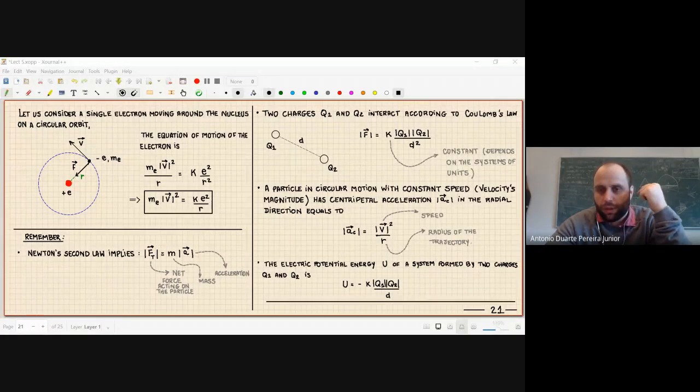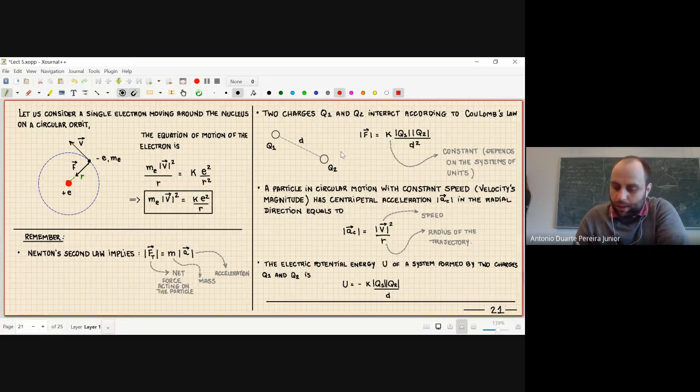And of course, you can rewrite that as it was written in the chat. You can write K as another constant, which is this one, where this parameter epsilon naught is a parameter that depends on the medium in which the charges are placed.